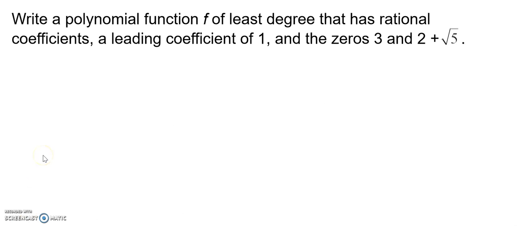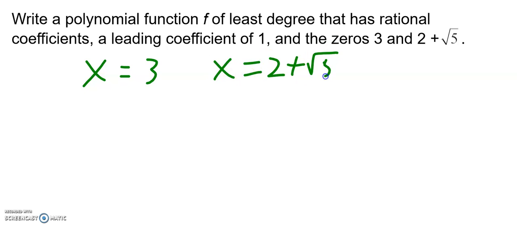Okay, so this is helpful because if I want to actually write a polynomial, right? So here, write a polynomial function of least degree that has rational coefficients, a leading coefficient of 1, and the zeros 3 and 2 plus root 5. Well, if I have a 0 of x equals 3 and x equals 2 plus root 5, then by what I just learned on the previous slide, I know that x equals 2 minus root 5 also has to be a 0.